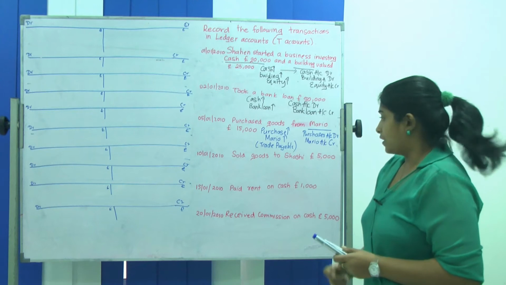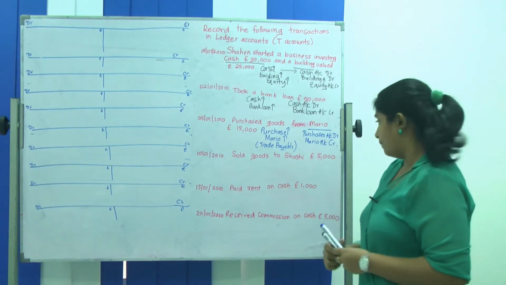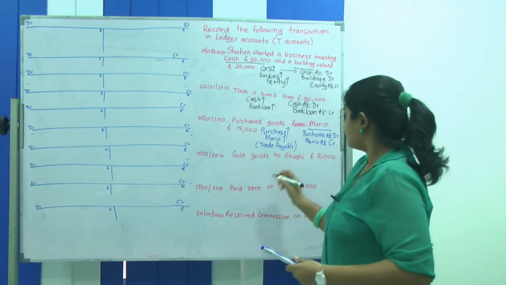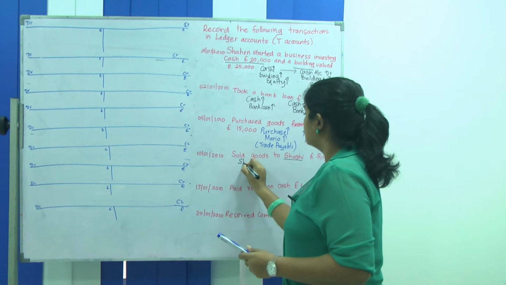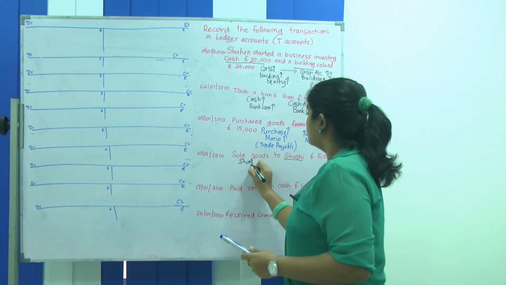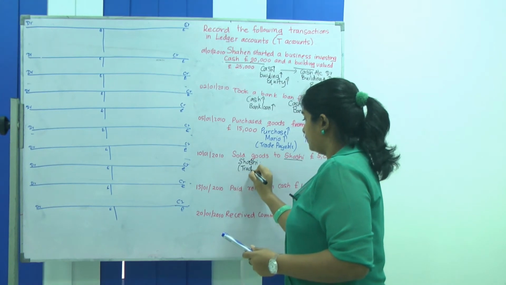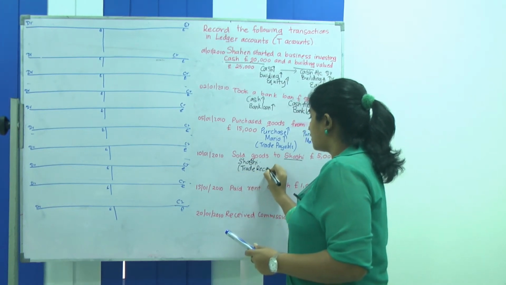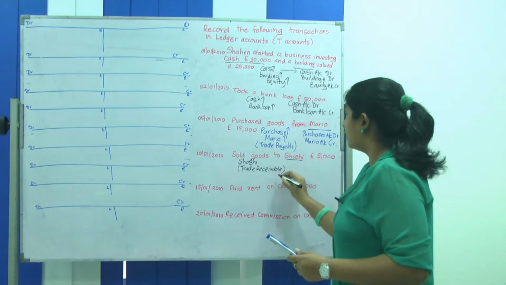On 10th of January, he is selling goods to Shashi for 5,000 pounds. So what happened? Shashi, to whom we are selling our goods, is becoming a trade receivable. Okay, Shashi is becoming a trade receivable. Trade receivable means a person who has to pay the business.